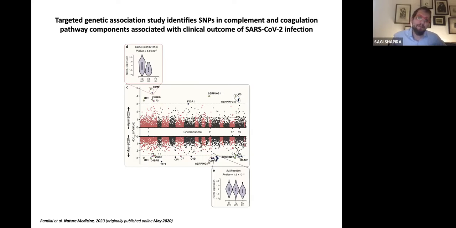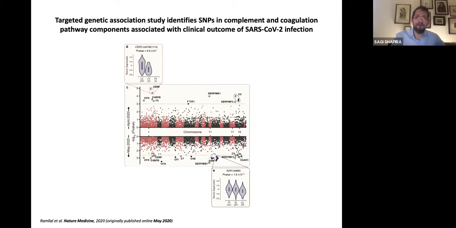And at the time, there were, I think, roughly 1,100 patients that had been genotyped who had been hospitalized with SARS-CoV-2. Rather than doing a GWAS, we could do a targeted screen to ask whether mutations in these factors are associated with disease.